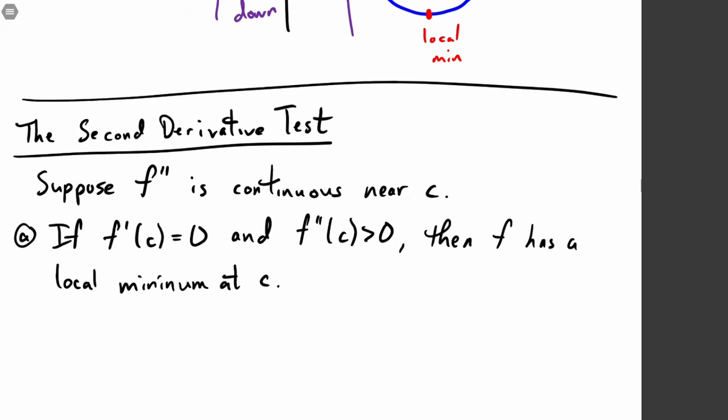This means if you have a critical number, and specifically a critical number where the derivative is 0, not the undefined critical number part, and the second derivative is positive, then it turns out that has to be a local minimum.